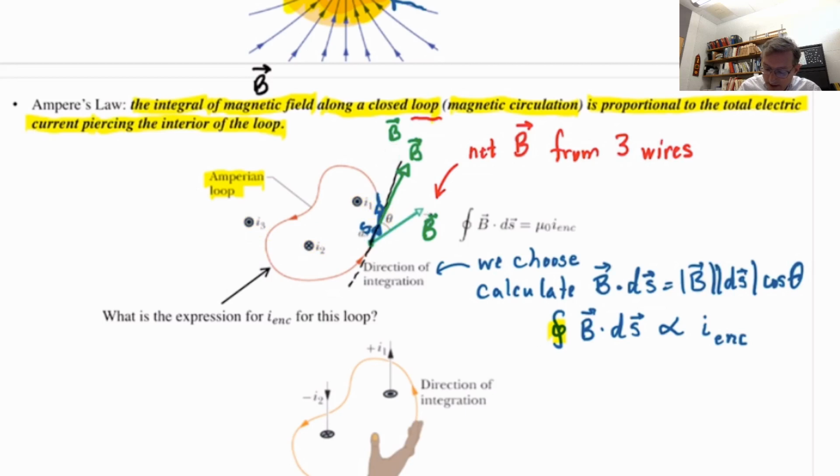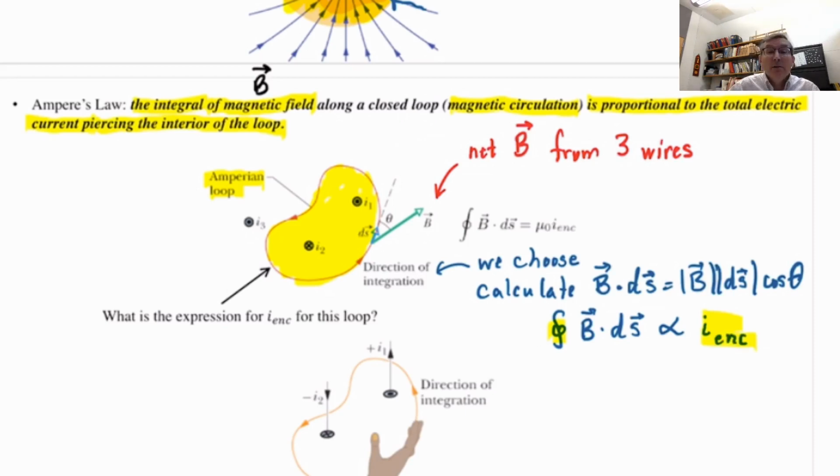And so here for the I enclosed, let me declutter my diagram a little bit, you've got to imagine the area inside the Ampèrian loop that has been chosen, like a kind of membrane. And you've got to account for all of the current that pierces that membrane going through it, because that's what goes on the right side here, I enclosed or encircled.